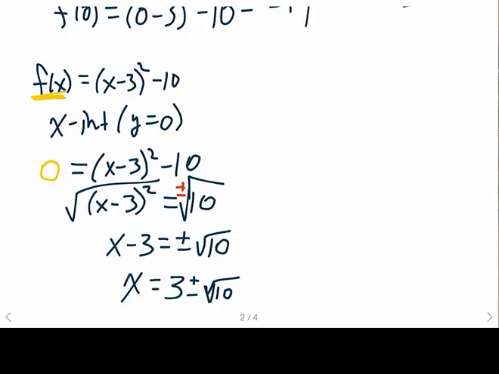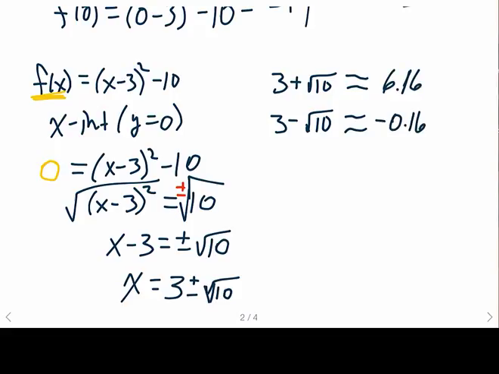I find it a little bit hard to graph things like 3 ± √10, and so I'm going to use my calculator to figure out some values here. I'm going to ask my calculator for 3 + √10 and 3 - √10, just so I have an idea of where I can put dots on the x-axis.